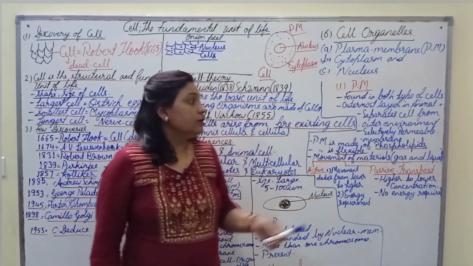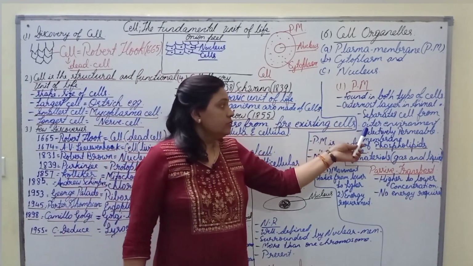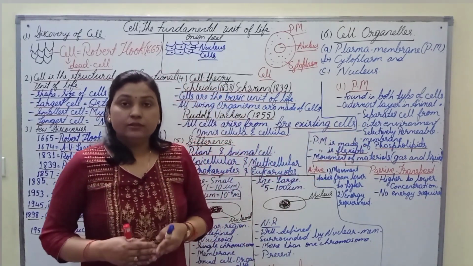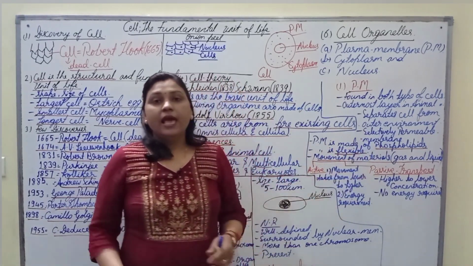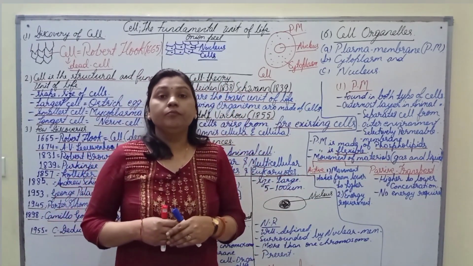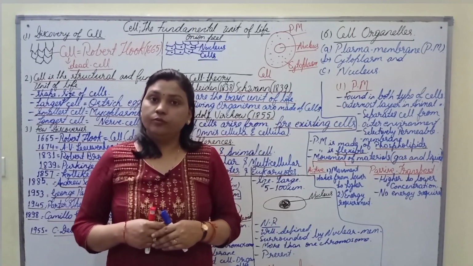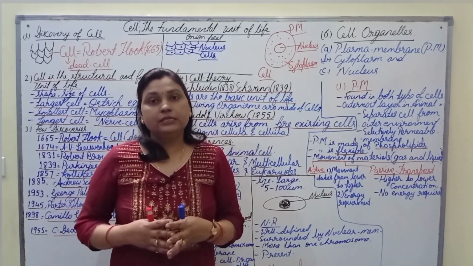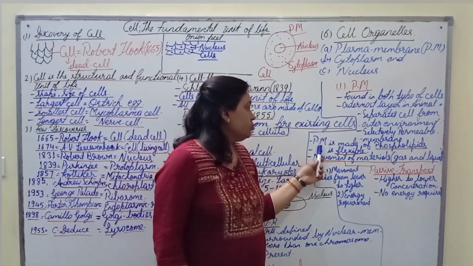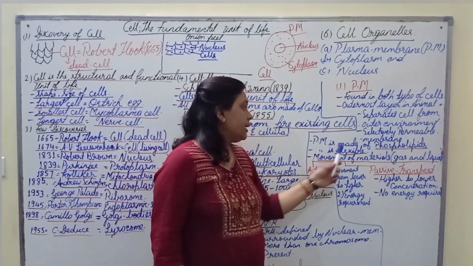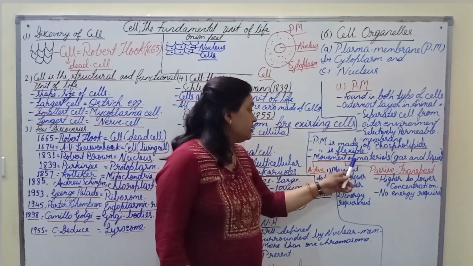It separates the cell from the outer environment as it is the outermost layer. It is called a selectively permeable membrane as it permits the entry or exit of materials in and out of the cell. This plasma membrane is made of phospholipids and proteins, so it is flexible.